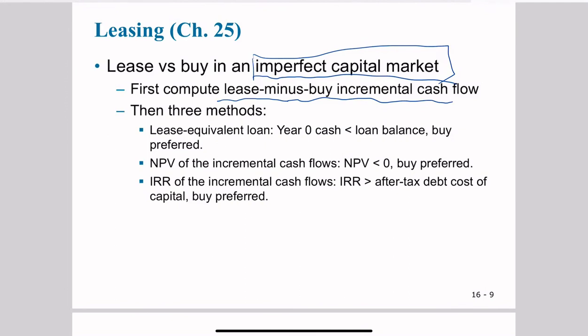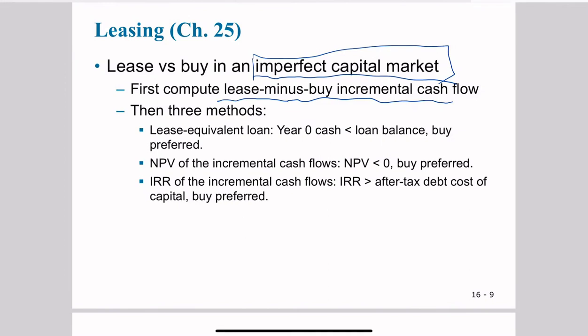Obviously, I cannot get into much detail, but just look at the lecture notes. You can see the detailed steps. And then this is basically the first step, right? Getting incremental cash flows.